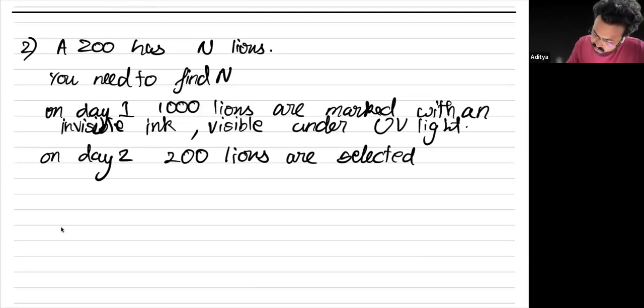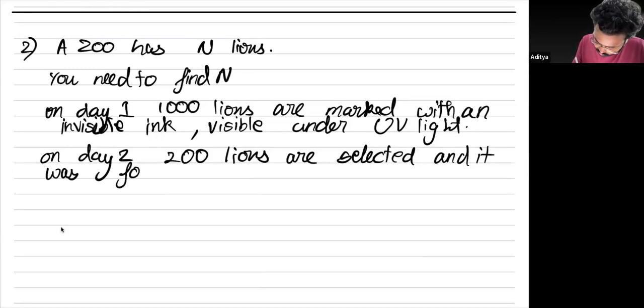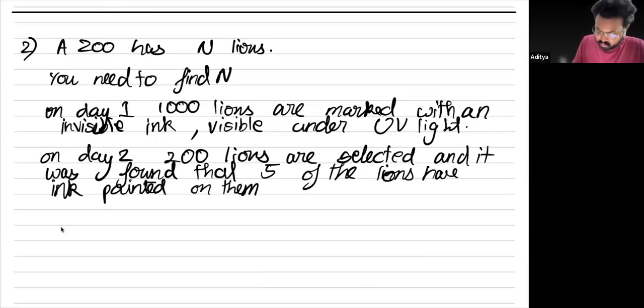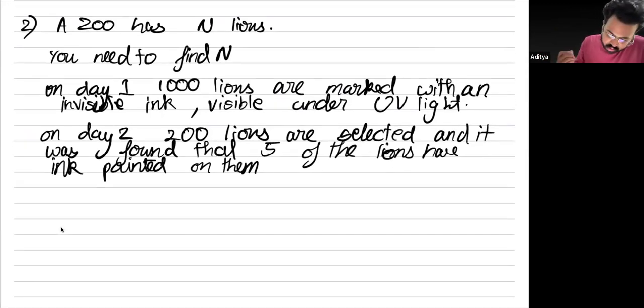It was found that 5 of the lions have ink painted on them. Of course, when checked under UV light, because it's not visible to the naked eye if you are painting with invisible ink.